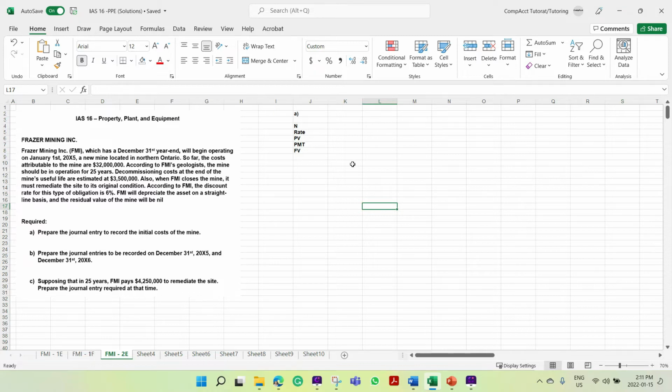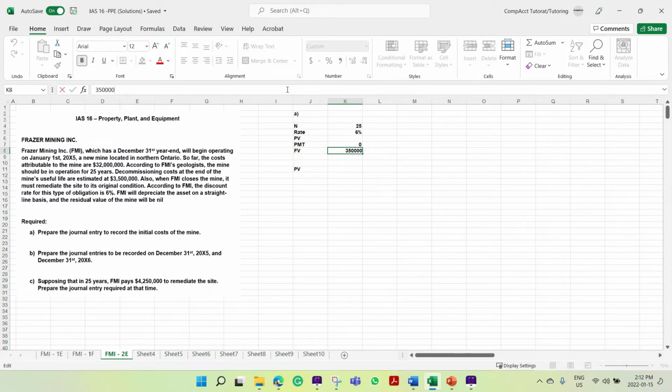So in this case here, I need to find out the present value. So I'm going to isolate this one at the bottom here. So we know the number of periods, which is 25. We know the rate, 6%. Okay. We don't know the present value. That's what we're looking for. Payments. There's no payments here, so 0. Okay. And then finally, we know the future value, which is estimated at 3.5 million.